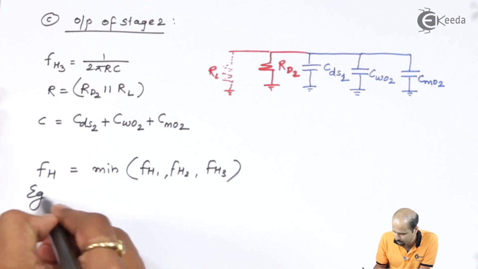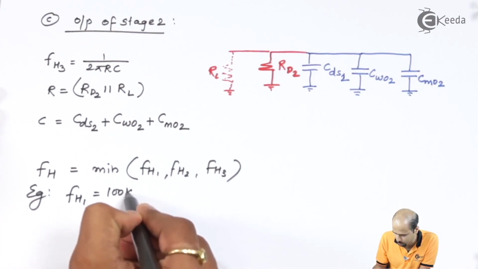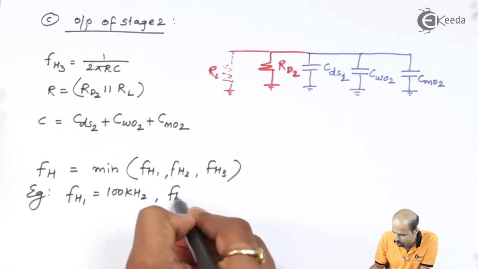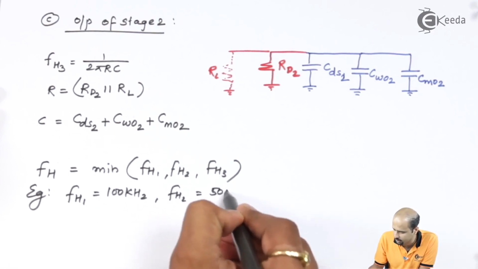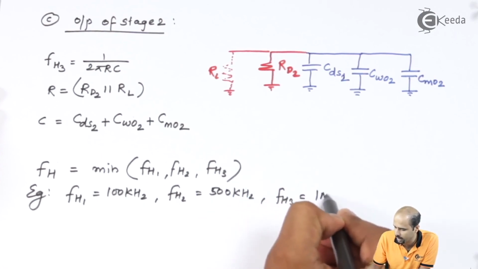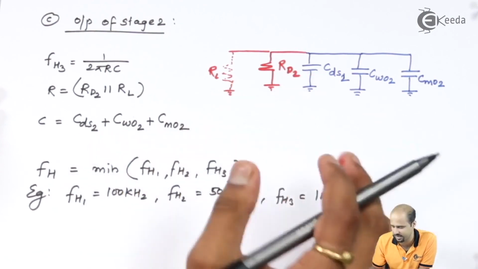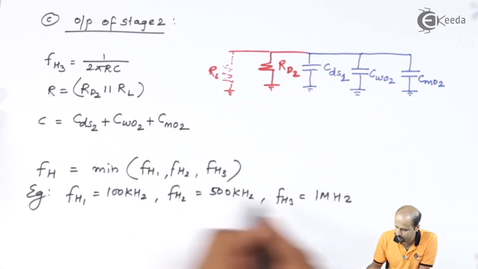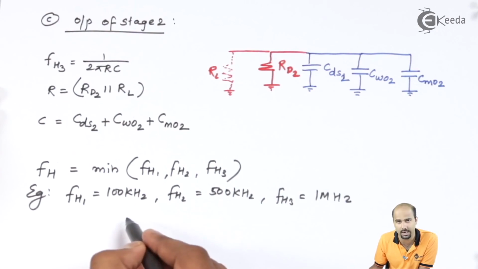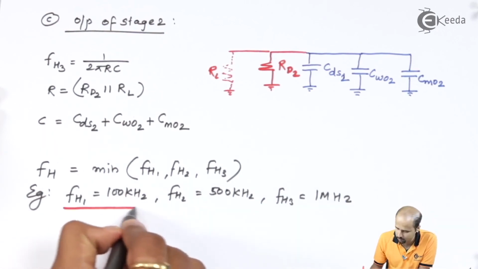So for example, if FH1 is equal to 100 kilohertz, FH2 is 500 kilohertz and FH3 is 1 megahertz, calculated from particular values of R and C, then how can I conclude? Yes, FH1 will be my higher cutoff frequency.